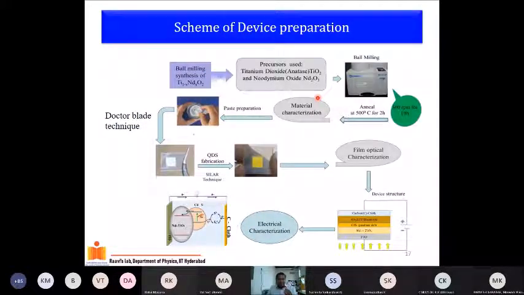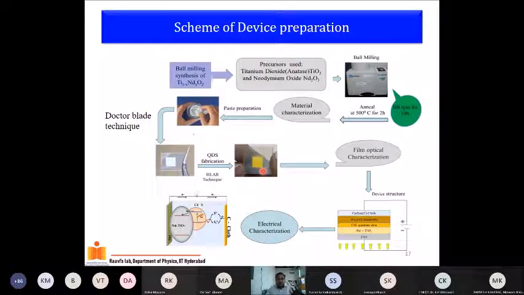Okay, so the devices are made like this. The Nd is doped in titanium using ball milling synthesis. Nd2O3 and titanium dioxide are ball milled together, and then the process which we followed is similar to exactly what was discussed in yesterday afternoon's demonstration. You make the film, you make the paste. From the paste you deposit using the Doctor blade.